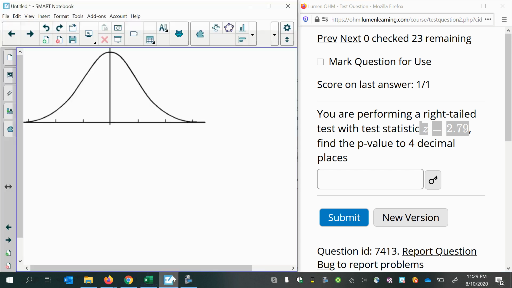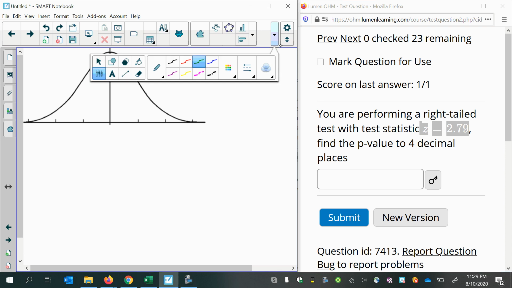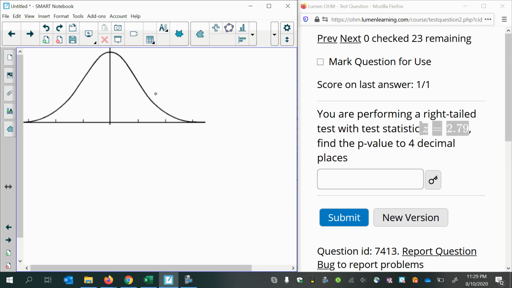We have a right-tailed test in this example, and the right-tailed test has a sample statistic turned into a z-score of 2.79, somewhere down in here. And if I draw a boundary up to the curve and then shade the tail, this would be my p-value.